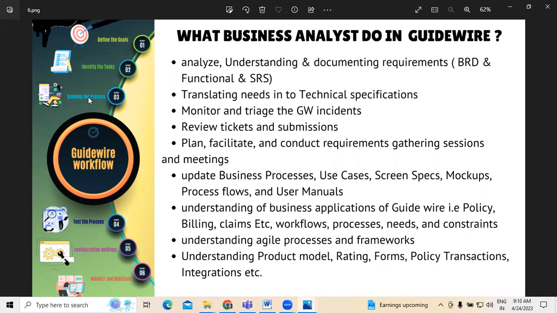There are some common responsibilities we can see, and apart from those, something relating to Guidewire is also required. The common responsibility is to analyze, understand, and document the requirements. Usually, to prepare documentation, we prepare business requirements and functional and software requirement specifications with the help of the technical team.